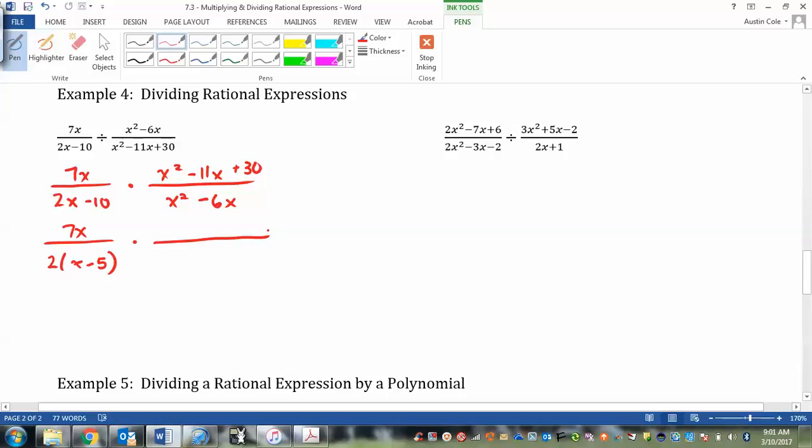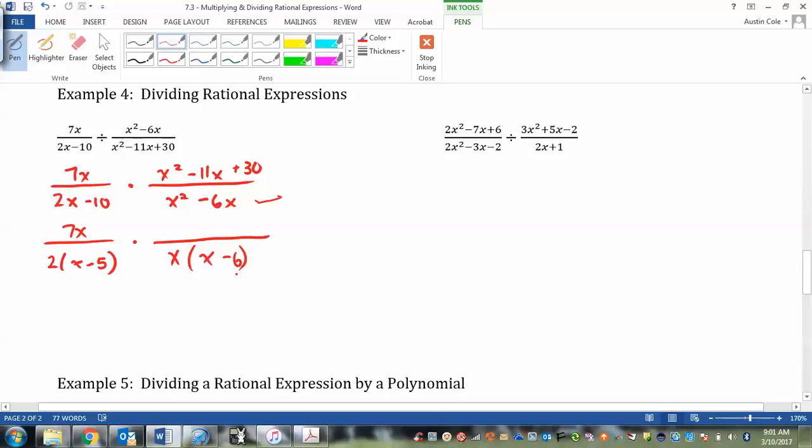Chris, does this denominator factor at all? What's in common between x squared and 6x? Is there an x in common? So we can factor out an x. So I'm going to be left with x minus 6.